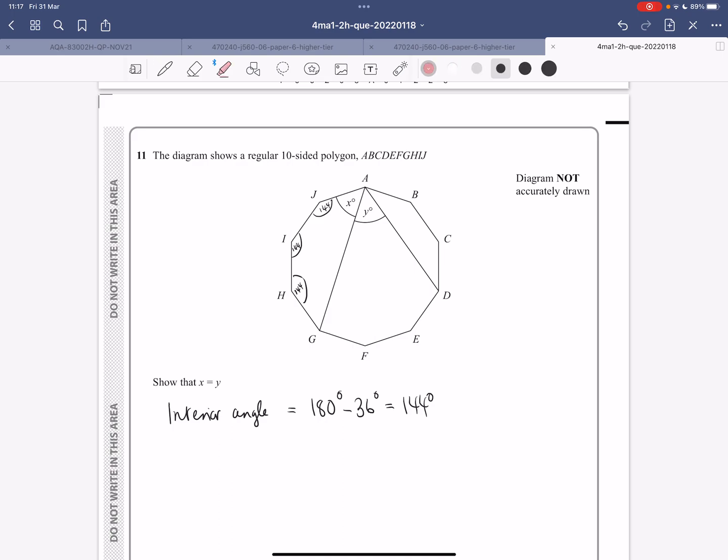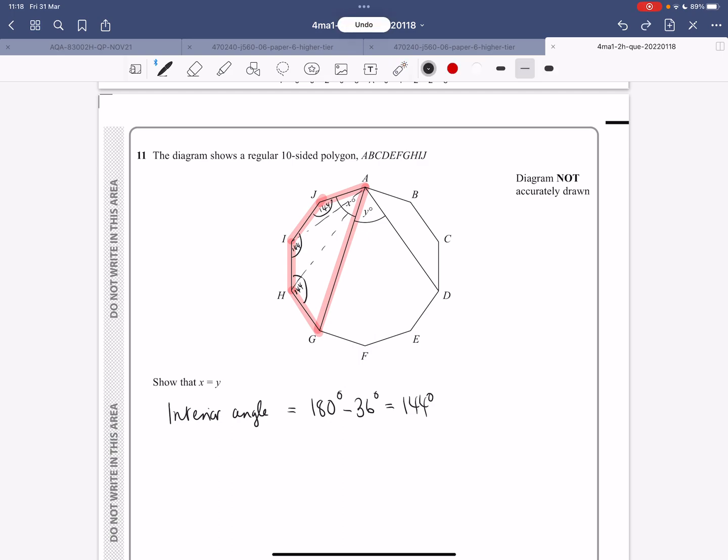Okay, so I'm going to go back to this shape here. This shape comprises, we can make it into 3 triangles. Look, one in there, one there, and one there.